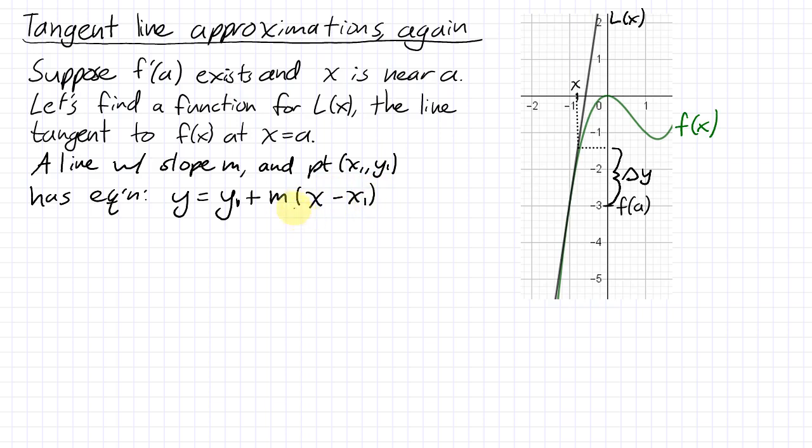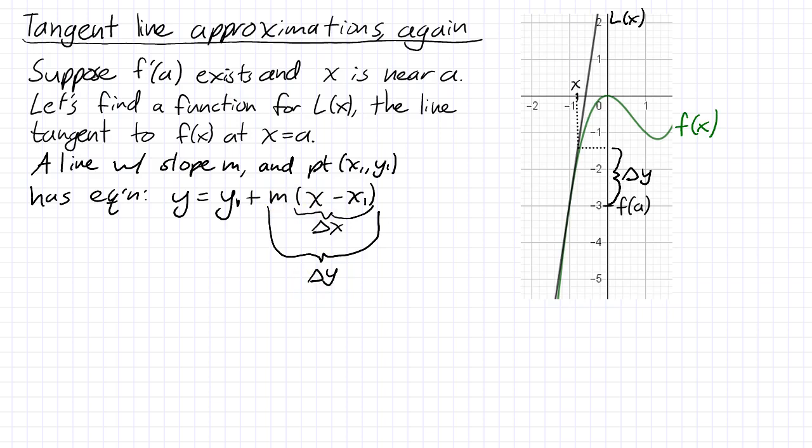This whole x minus x1 thing here, remember, is your delta x. After you multiply the slope times the change in x, you get your change in y.